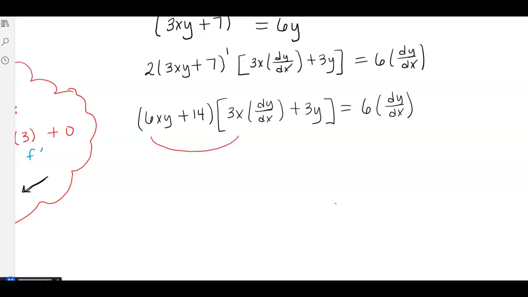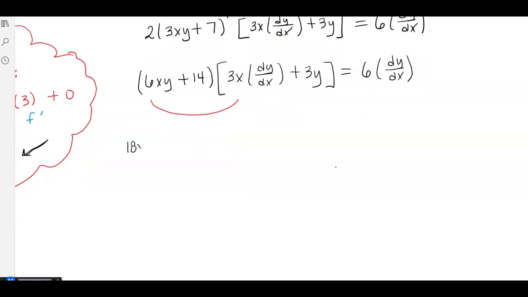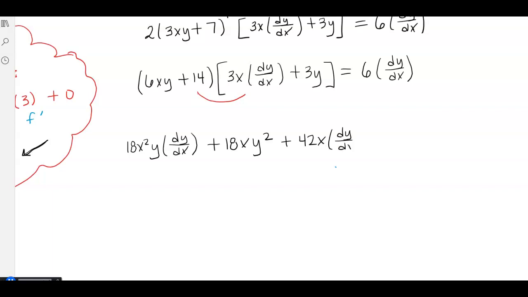So multiplying this first, we get 18x squared y dy dx. Then multiplying this, we get plus 18xy squared. Then here, plus 42x. And then here, plus 42y.